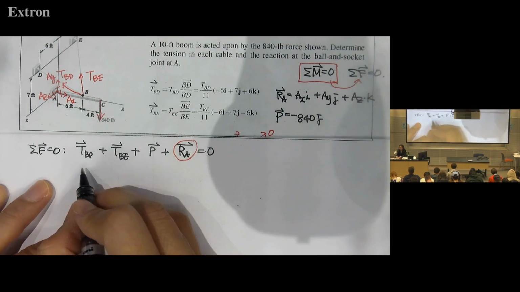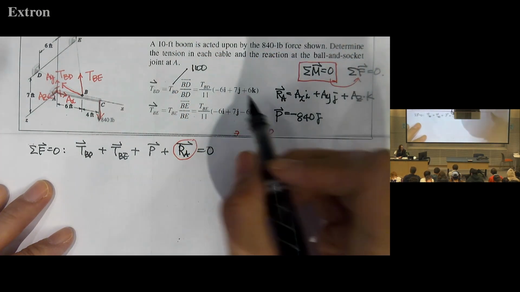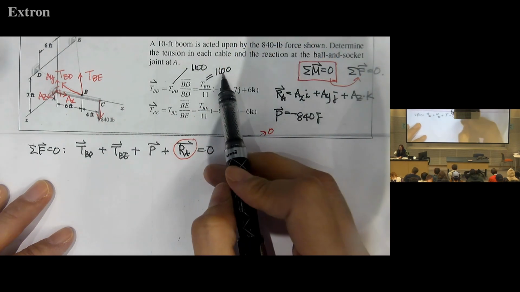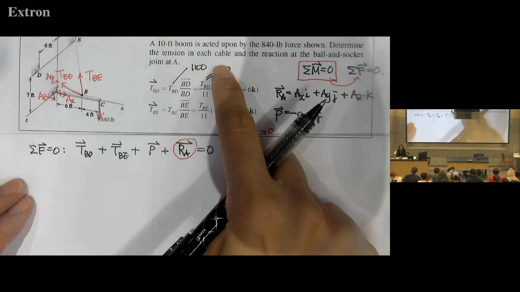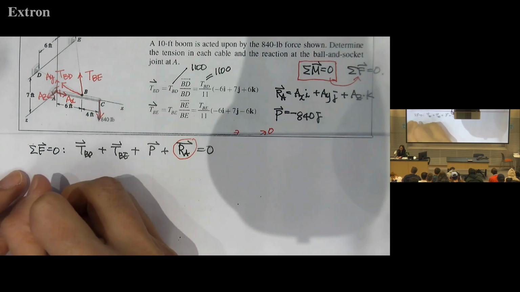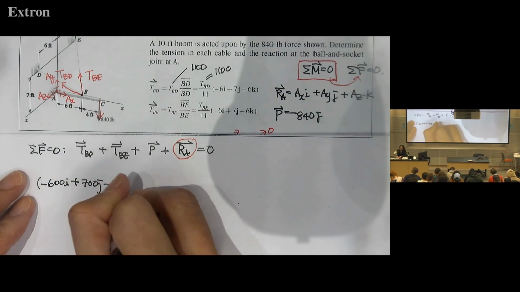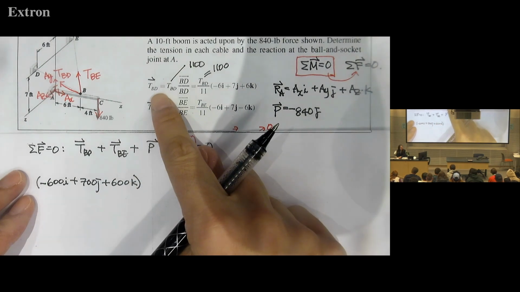And now we found this magnitude is 1,100, right? Then what is TBD? So 11 is canceled and we have 100. So first one is minus 600i plus 700j plus 600k. So that is TBD. Okay, I repeat.